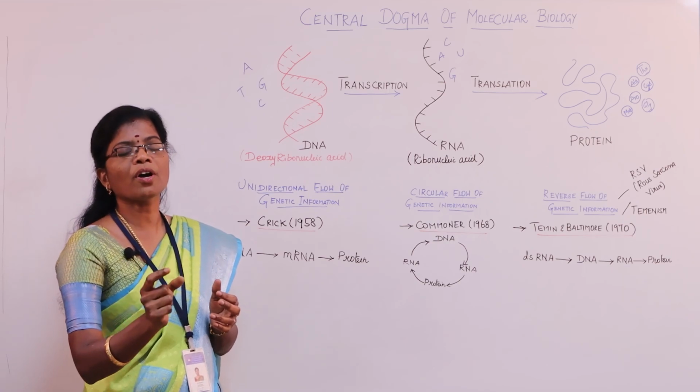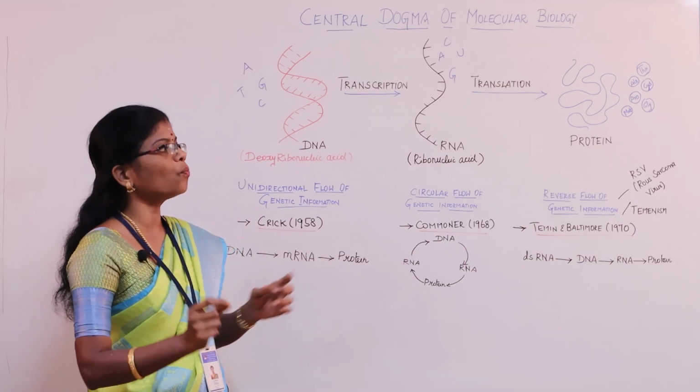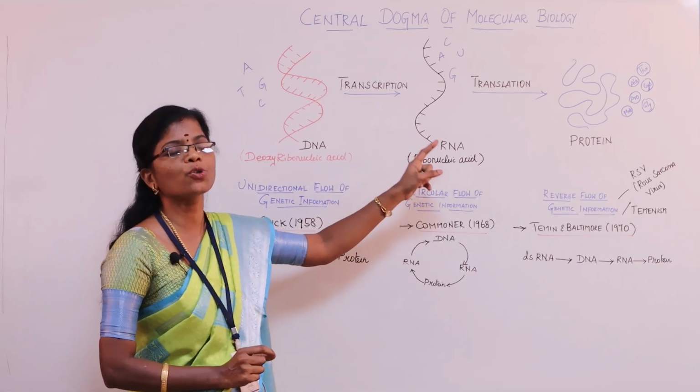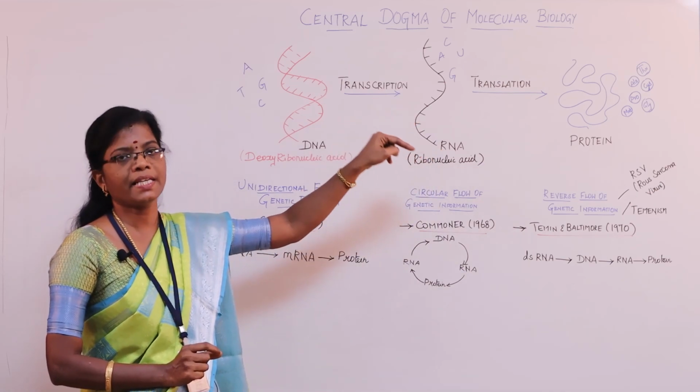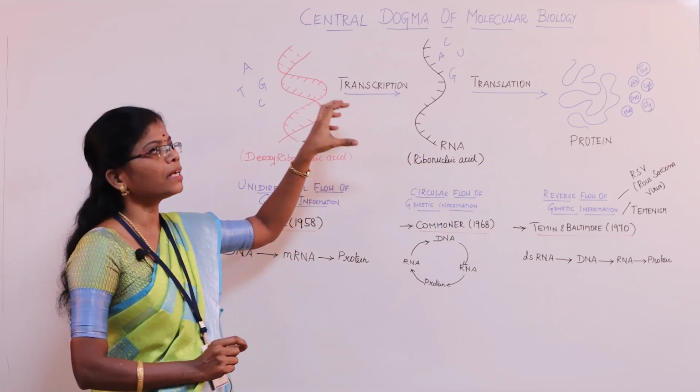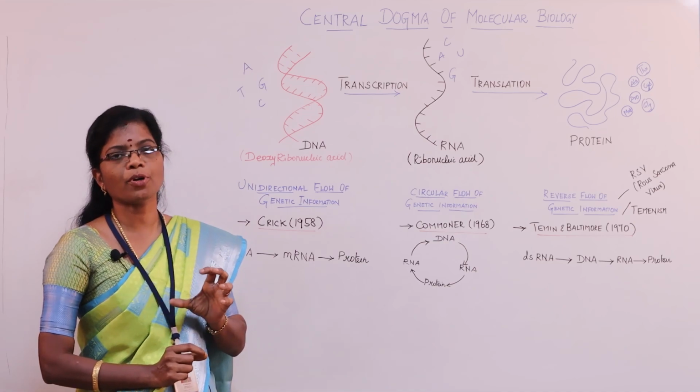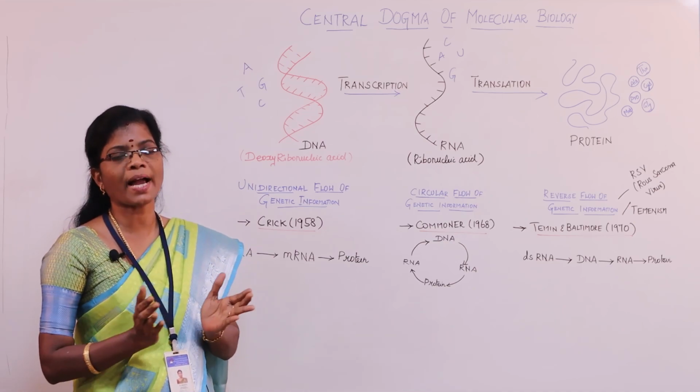This codon tells which amino acid is going to be transferred by the tRNA. The ribosome plays a very important role.